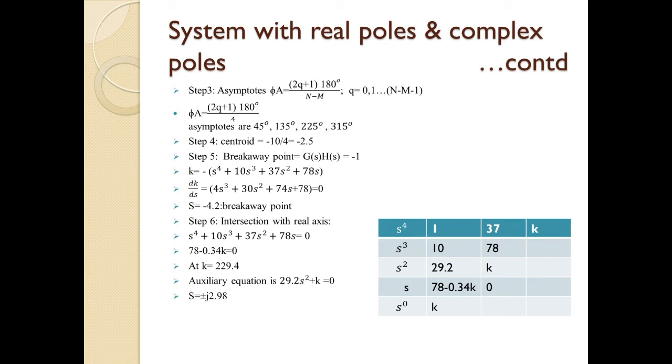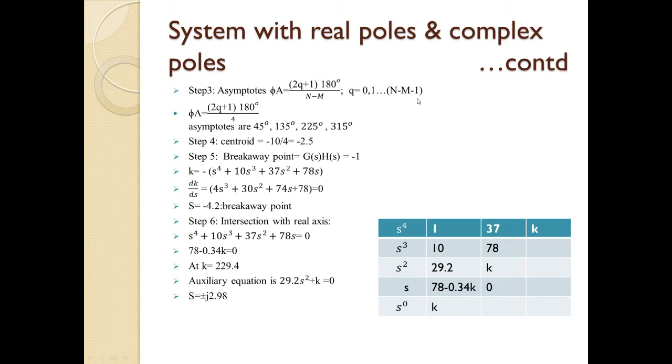Next we need to find the asymptotes, because the locus branches proceed to infinity along the asymptotes with the asymptotic angles. To calculate the asymptotes, it depends on n minus m. The number of poles n is 4 and m is 0.